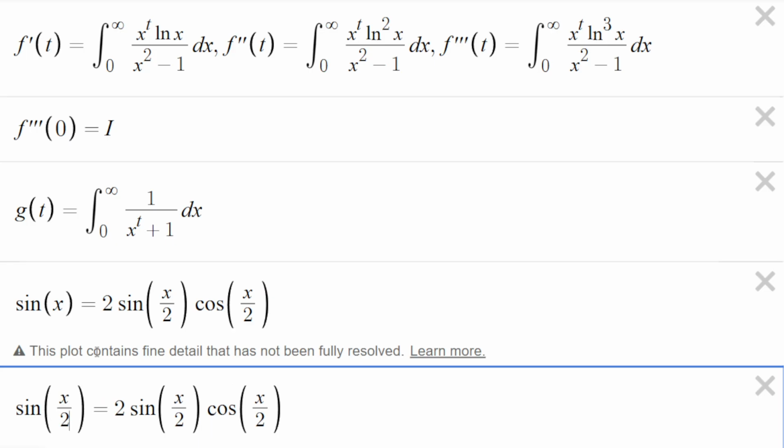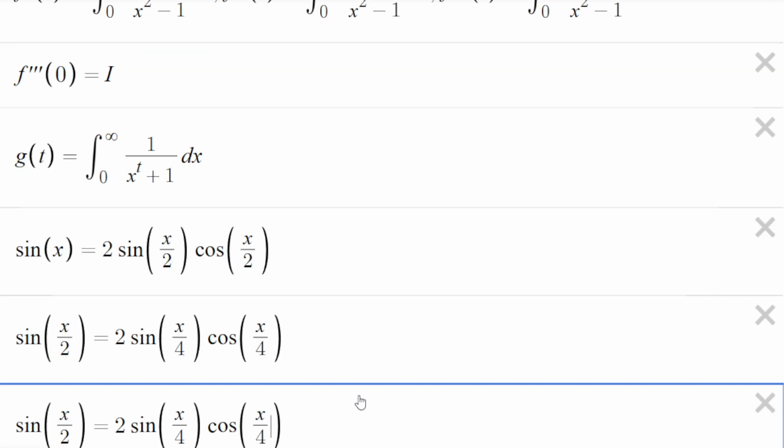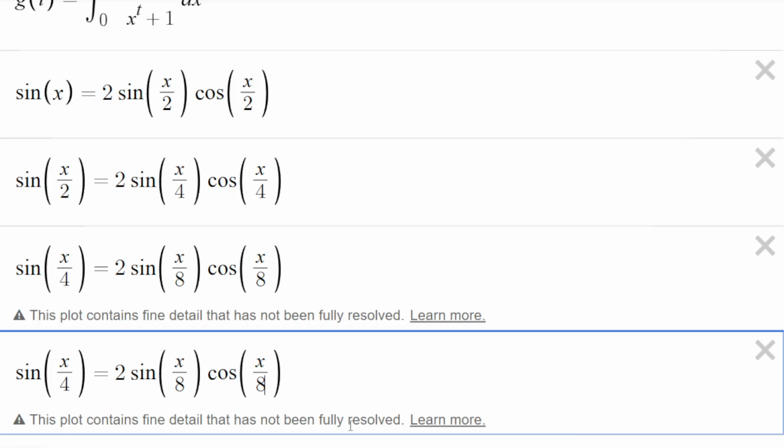Sine of x over 2 is equal to 2 sine of x over 4 times cosine x over 4. And from here, we can say that cosine x over 4 is equal to 2 sine x over 8 times cosine x over 8. And we'll do one more just to really reinforce what's going on here. From here, we can say this.